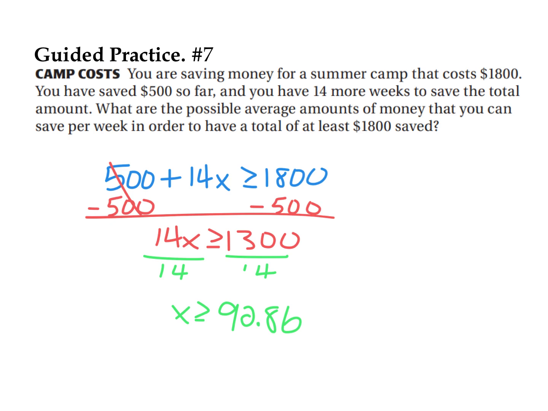We can recognize, oh, money, we go to two decimal places, or if it was whole numbers, we wouldn't want to have parts of something, depending on what we're solving for. We can write that out properly to answer that real world scenario. So we would save at least $92.86 per week.